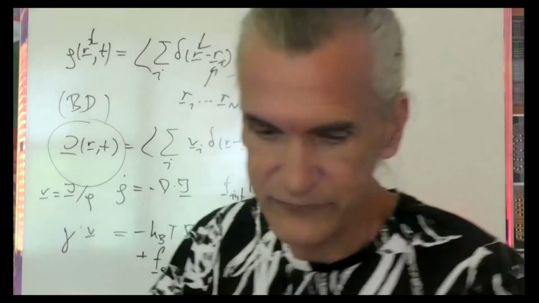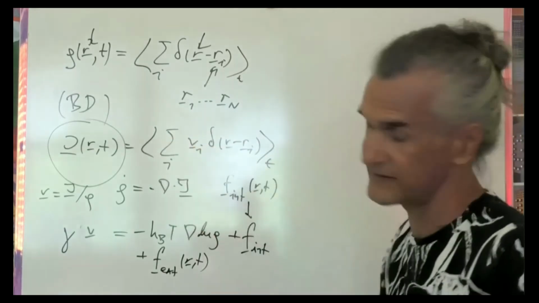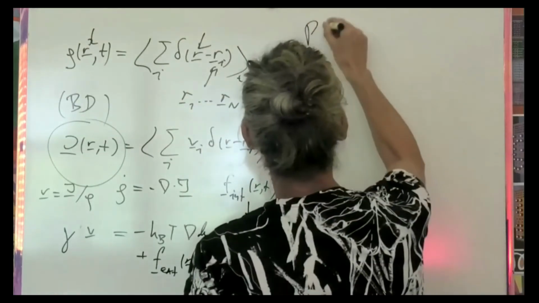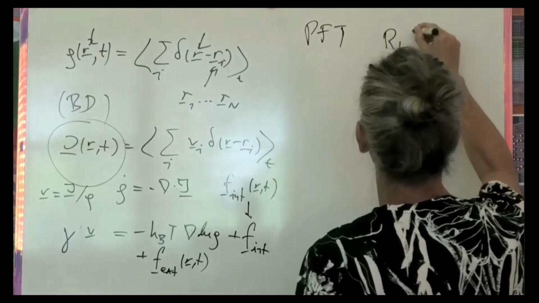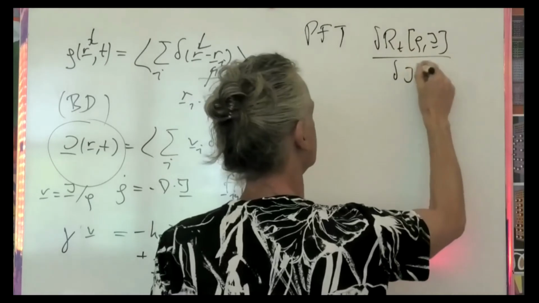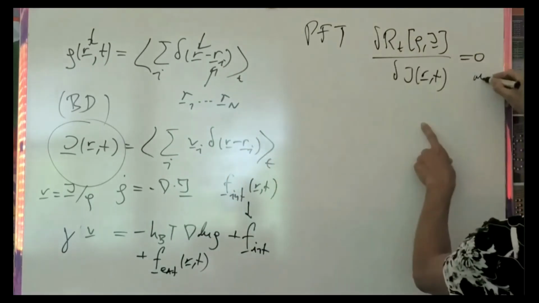Okay, and then we actually have to simulate to get these quantities, and that's how we get reference data. So the PFT, if I write it down, says there's a functional R_T of rho and J, and this is the variational principle. It's zero at the true dynamics with the proper minimum.